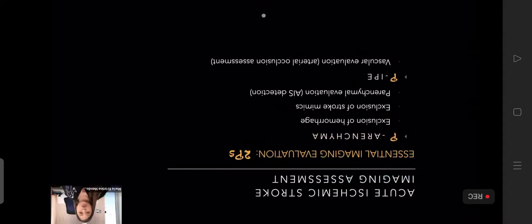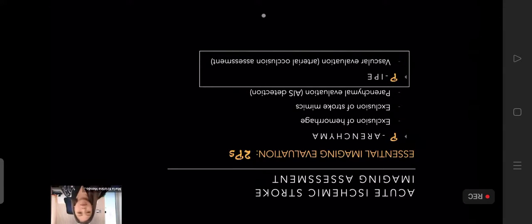Sometimes we request a coronal DWA ADC for equivocal lesions, an axial FLAIR, axial GRE, axial T2 weighted image, and as I have already mentioned in the first part of my lecture, evaluation of the vessel is also very important. So we do a time of flight MR angiography, both of the intracranial and the neck vessels. Okay, so we are done with the parenchyma. We are now going to proceed with the vascular evaluation.